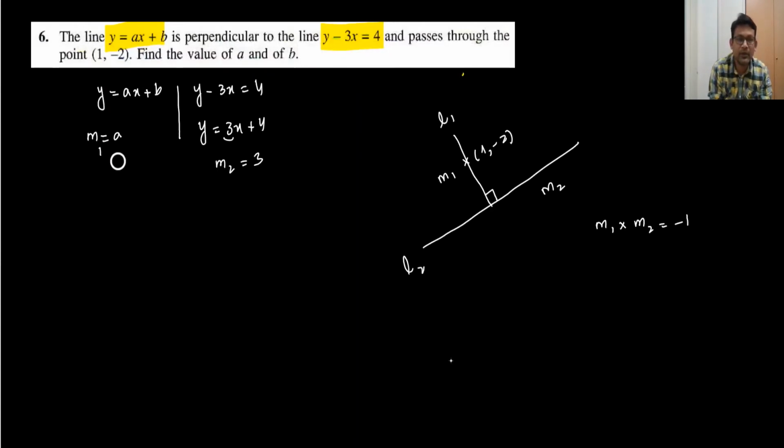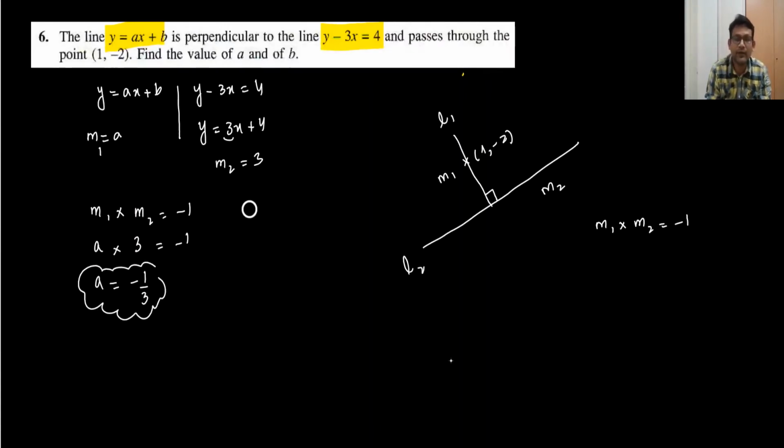And we know the gradient condition is what? Not equal, because these two lines are not parallel. So m1 multiplied by m2 is equal to -1. So a times 3 is equal to -1. So a will be equal to -1/3. That's the value of a.